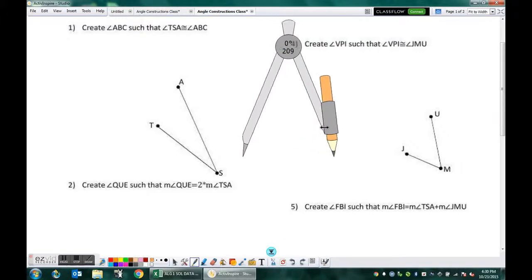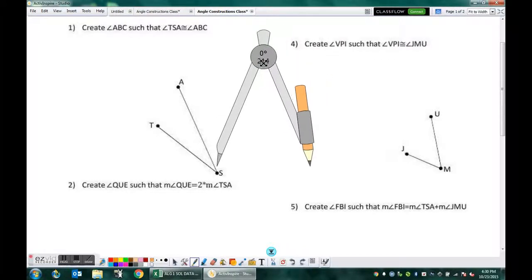Yours may look like this, or may be just a circle at the top with two sticks coming out. Either way, the biggest thing to be careful with when using a compass is that the setting doesn't change while you're swinging around. Some compasses, especially the plastic ones, seem to slide as you're trying to make an arc.